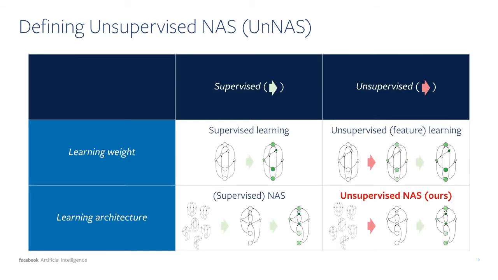We summarize the relationship between different learning problems and scenarios in this 2x2 table. It is evident that our setting is not only the unsupervised generalization of NAS, but also the architecture level generalization of unsupervised learning. Okay, so hopefully we are now all on the same page regarding what is unsupervised NAS.